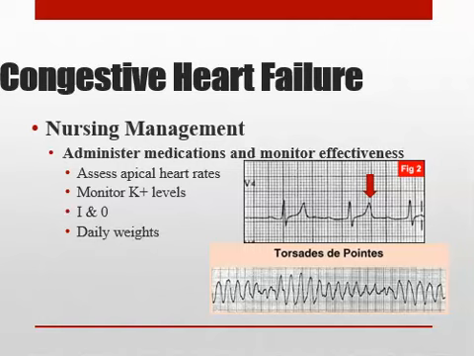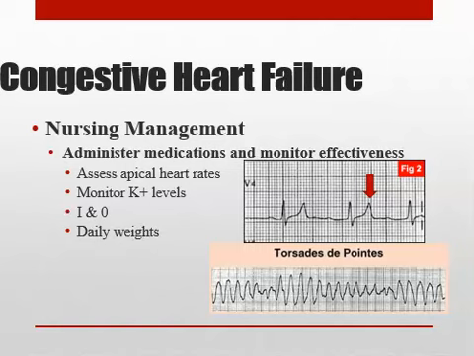When we are giving medications, you can see we have to monitor for effectiveness. We need to assess the apical heart rates. We need to teach parents how to monitor and take the apical heart rates. Monitor potassium levels. We usually like to keep potassium at normal or a little bit at the high level of normal with patients with cardiac issues, okay?